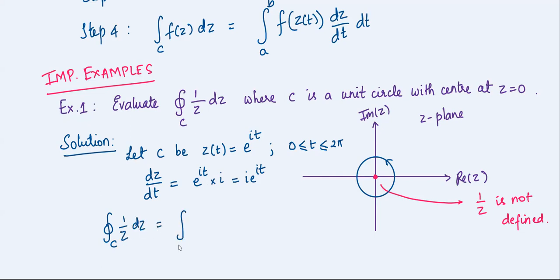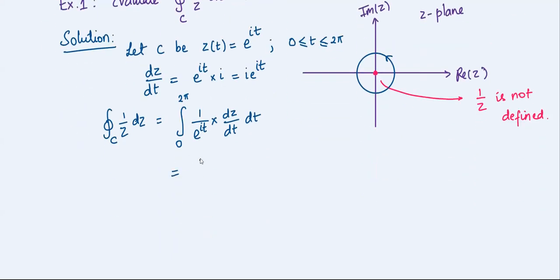The path is 0 to 2 pi. 1 by z is 1 over e power it times dz by dt times dt. So integral 0 to 2 pi of 1 over e power it into I e power it dt.